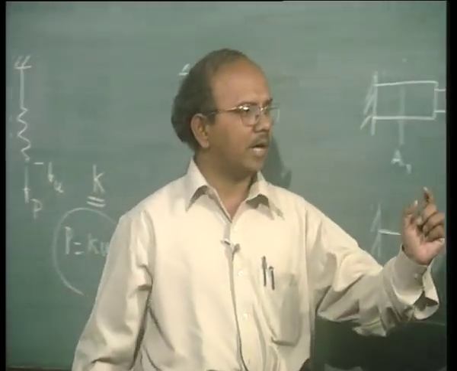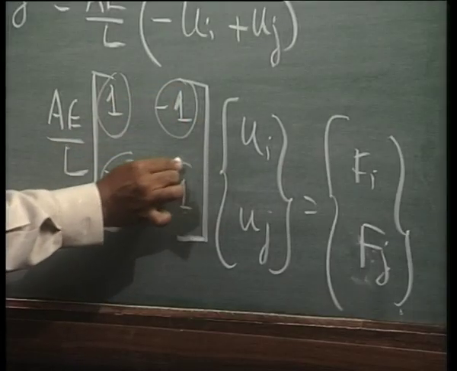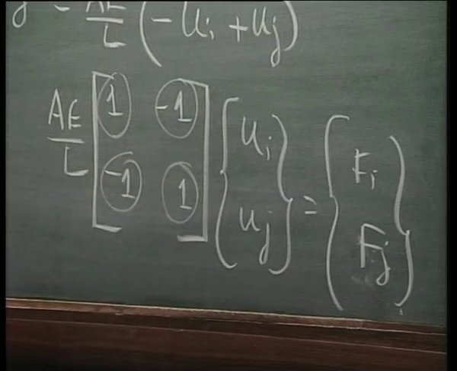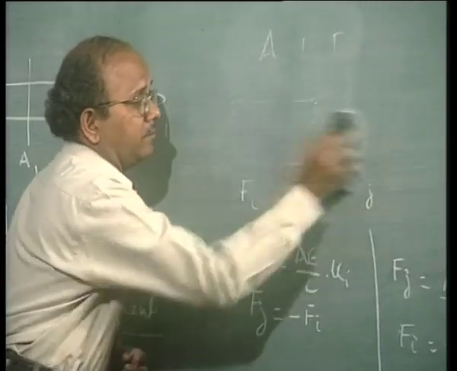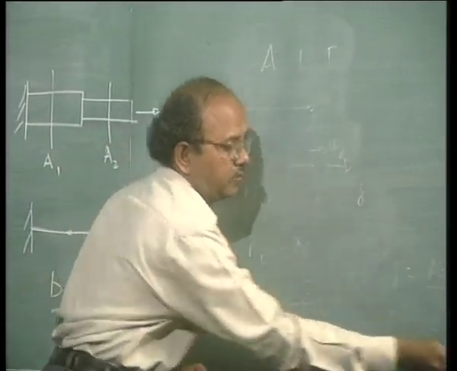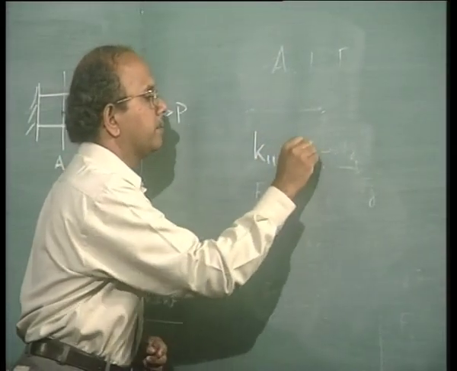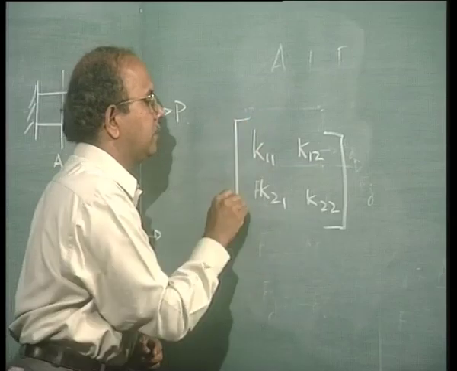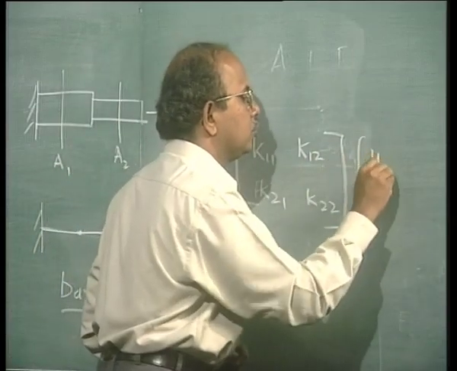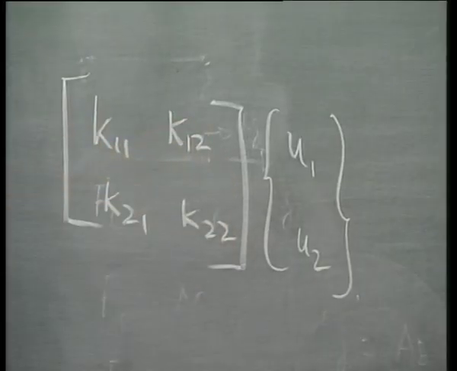Or in other words, I would call this K11, K12, K21 and K22, along with AE by L. In other words, the same matrix can be written for us to interpret as K11, K12, K21, K22, multiplied by U1 and U2, where I and j I have just replaced by U1 and U2.